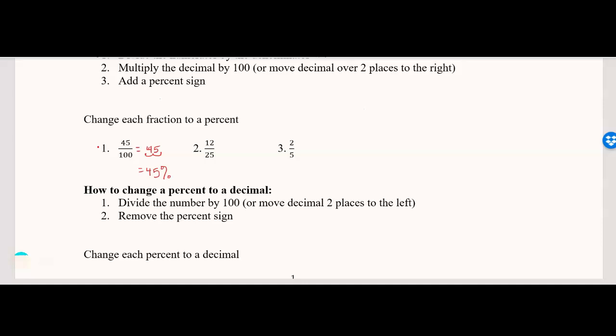Again, divide 12 by 25, and we get 0.48, move the decimal 2 places to the right, and your percent is 48%.